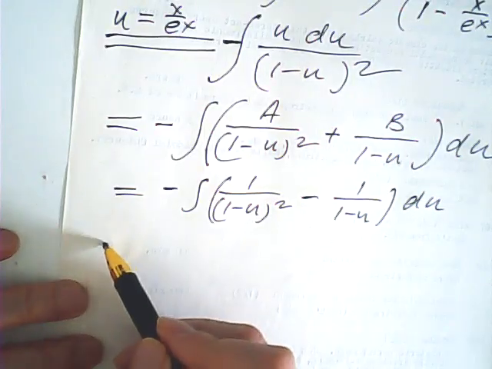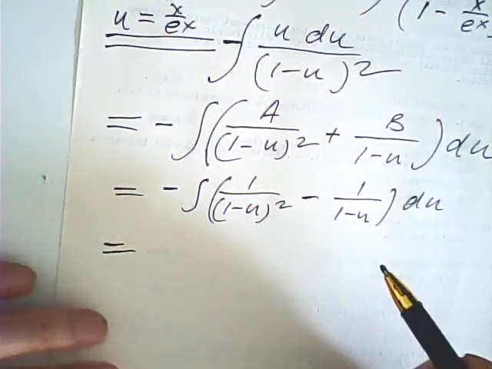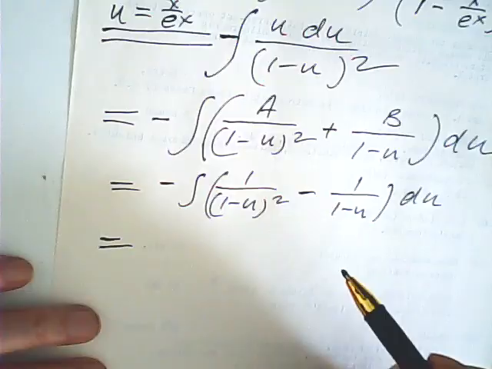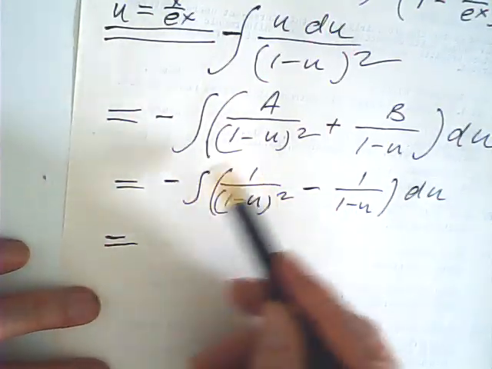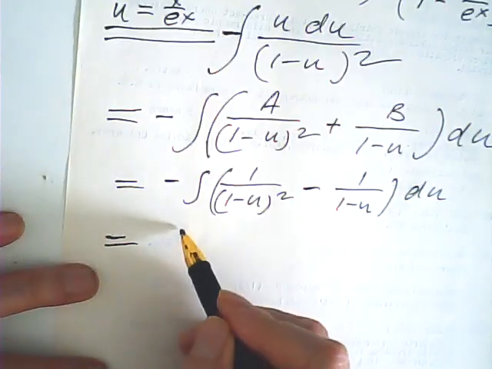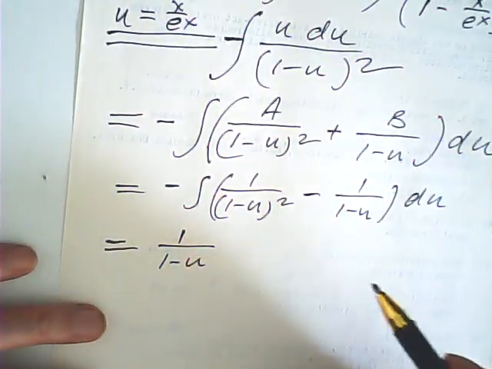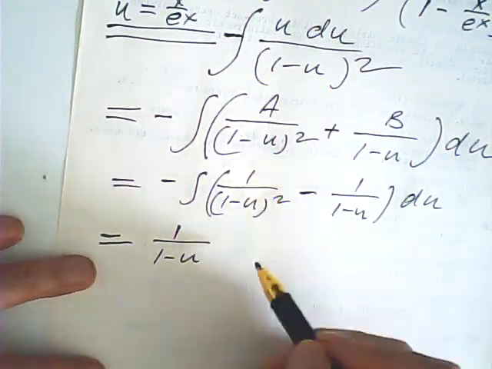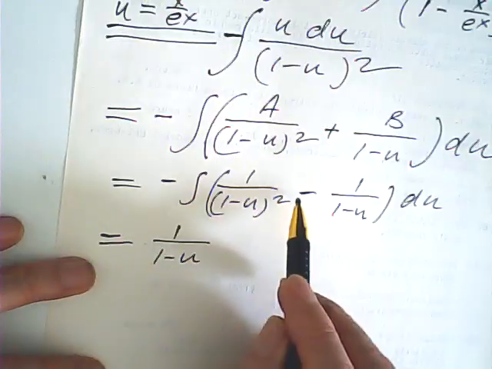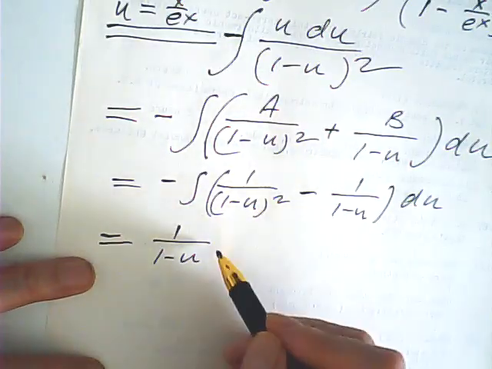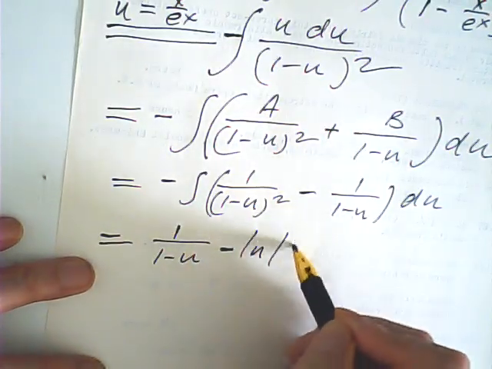So this one is equal to... this one is easy, right? This is 1 over minus u, and this negative, positive, and this becomes negative, negative again, log of 1 minus u.